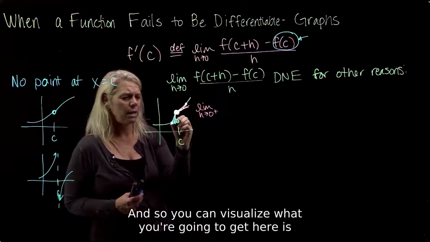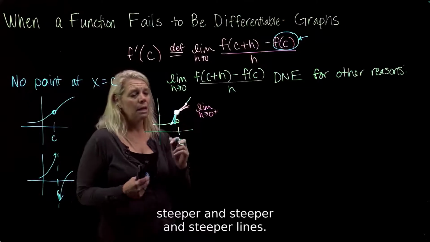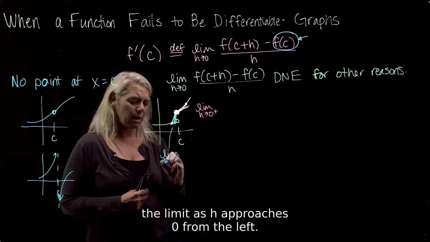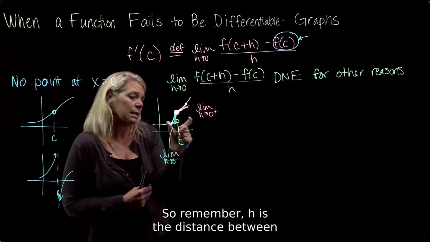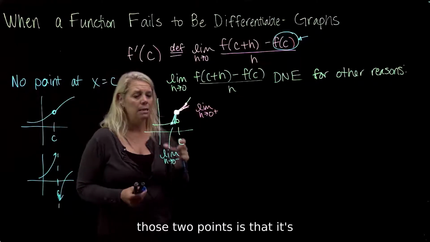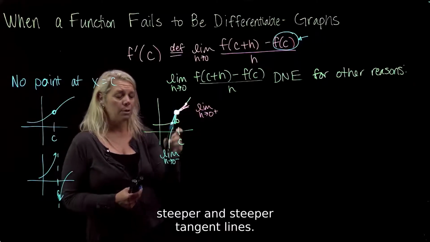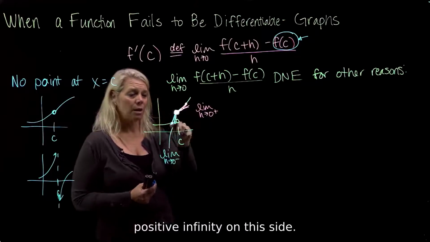And so you can visualize what you're going to get here is steeper and steeper and steeper lines. And so for this picture that I have, the limit as h approaches 0 from the left, so remember h is the distance between those 2 points, as that's approaching 0 from the left, I'm getting these steeper and steeper and steeper tangent lines, and so those slopes are approaching positive infinity on this side.